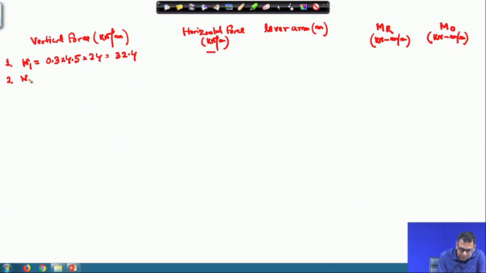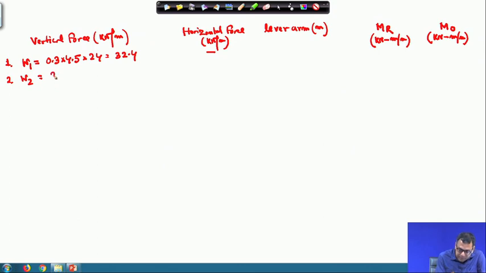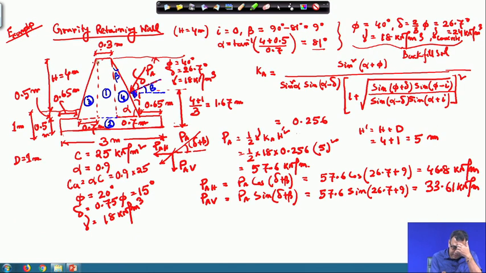Second one, the W2, I will calculate for this one whose length is 3 meter and this height is 0.5. That is also concrete. So, this will be 3 into 0.5 into 24. So, this will be 36. Then I will go for the W3. W3 is this triangular portion whose height is 4.5 and this width is 0.7.